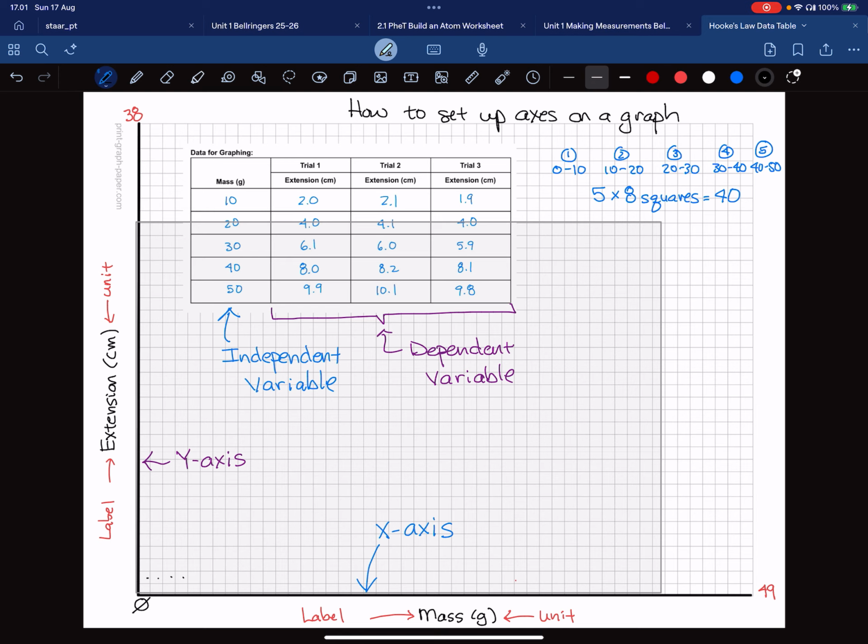There's my second mark, third mark, fourth mark, fifth mark. So that's going to be 10, 20, 30, 40, 50.